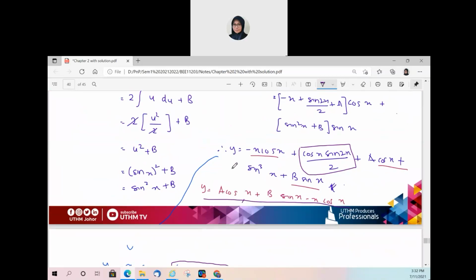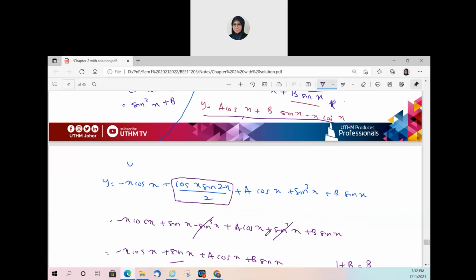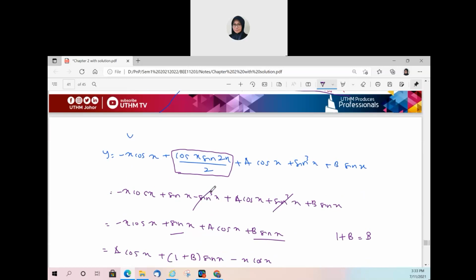Then your general equation will be y equals minus x cos x, so this part you gantikan dengan sin x minus sin kuasa 3x, plus a cos x plus sin kuasa 3x plus b sin x. So you tengok dekat sini, you have minus sin kuasa 3x plus sin kuasa 3x. So you boleh cancel sin kuasa 3x.